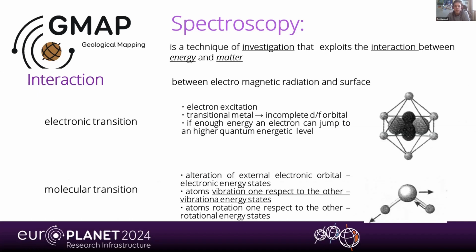The second is much more related to the vibration of the crystal lattice, and so to the presence of hydrated minerals or carbonates, and they are generally expressed at slightly longer wavelengths than the electronic ones.